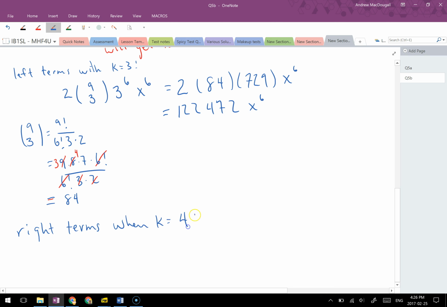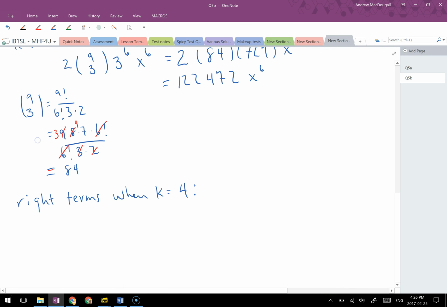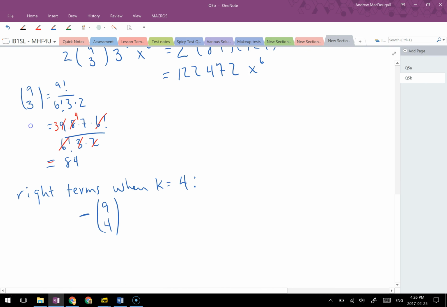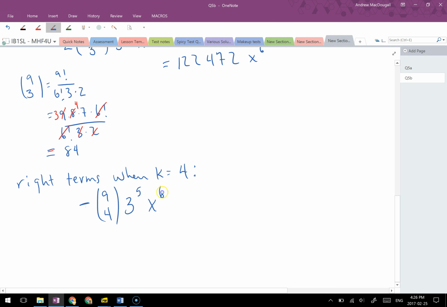So now we need to look at the right terms when k is equal to 4. So when k is equal to 4, we get negative 9 choose 4, 3 to the 5, and then x to the 6, of course. Okay, let's do 9 choose 4 over here. You could just do this on your calculator because it's a paper 2 question. 9 factorial over 4 factorial, 5 factorial.